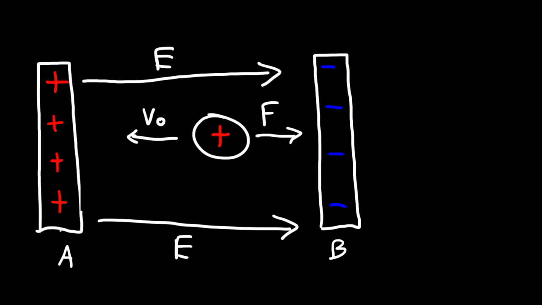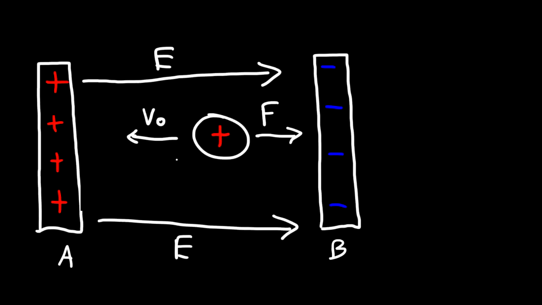And it makes sense because the positive charge is repelled by the positively charged plate, but it's attracted to the negatively charged plate. And so even though it's moving to the left, due to its initial momentum, it feels an electric force that is pulling it towards the right, towards the negatively charged plate, because opposite charges attract each other.